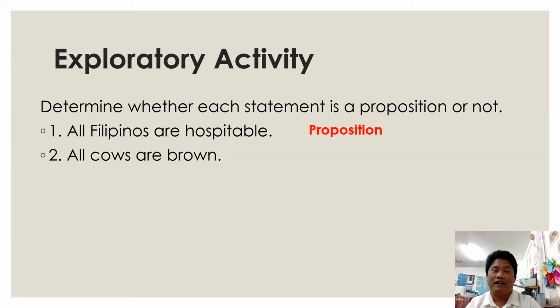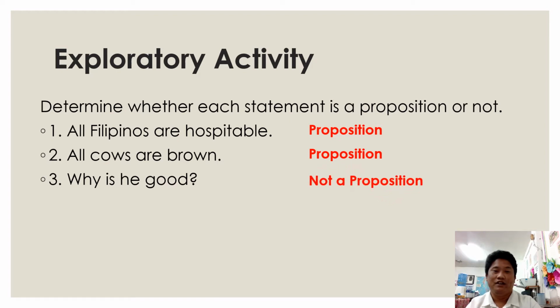All cows are brown. Is it a proposition or not? Again, it's a proposition. Third, why is he good? Is it a proposition or not? The answer, not a proposition. Let's go to the fourth statement.